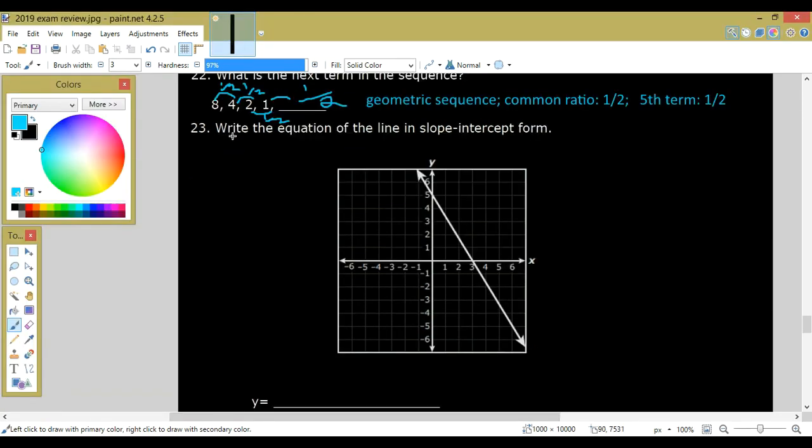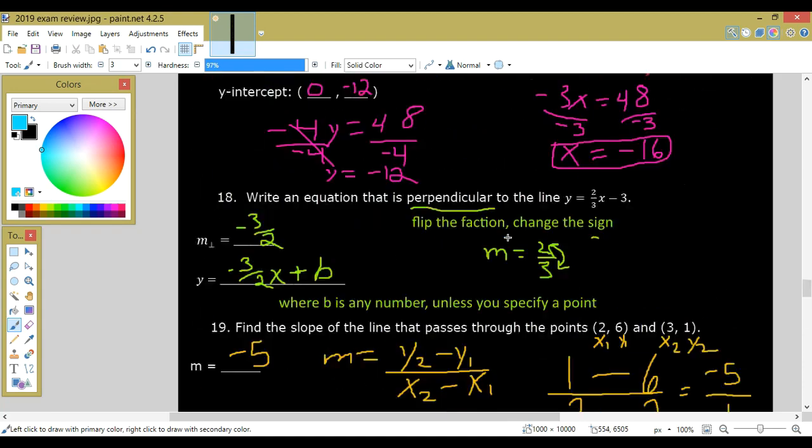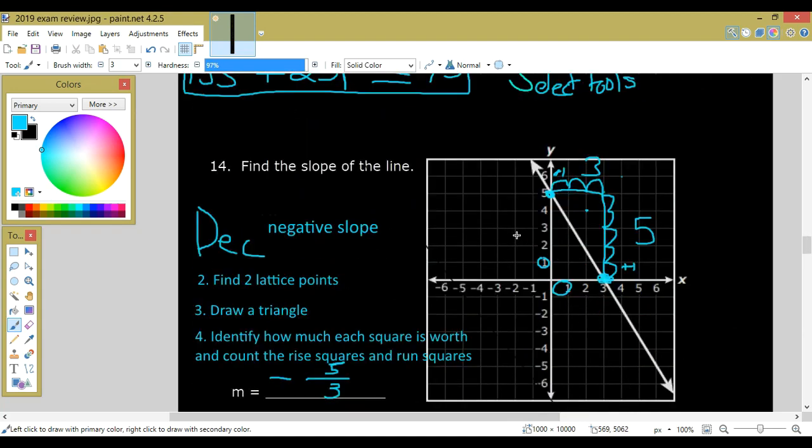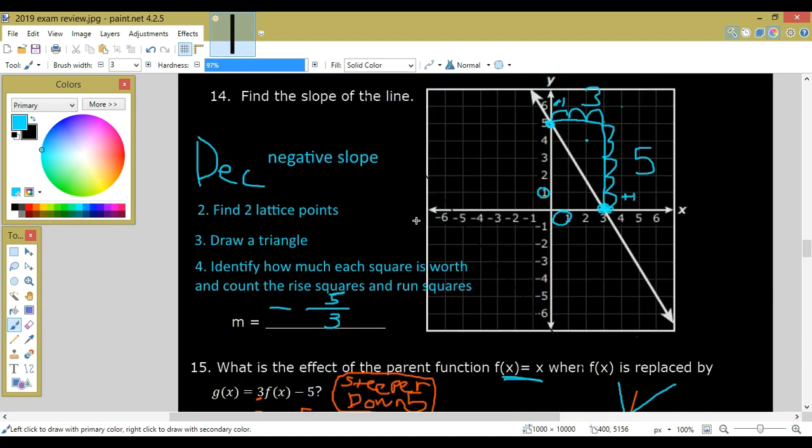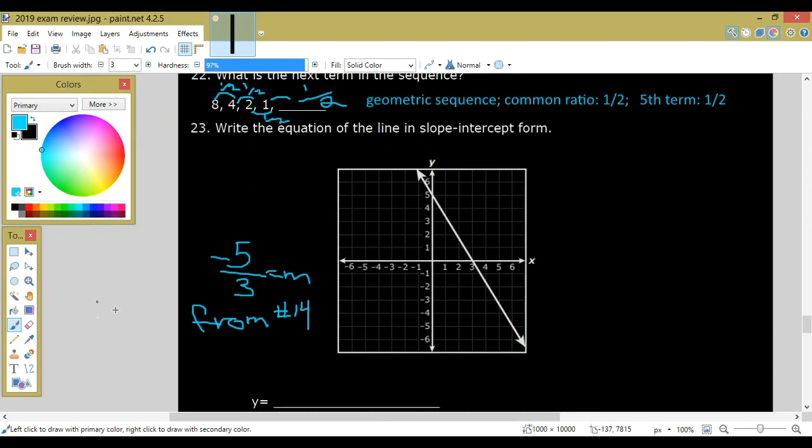Number 23. Write the equation of the line in slope-intercept form. This is the same exact line that we had on number 14. So that means we know that the slope is -5/3. If you would like to see how I find the slope, go back in the video to where I did number 14.